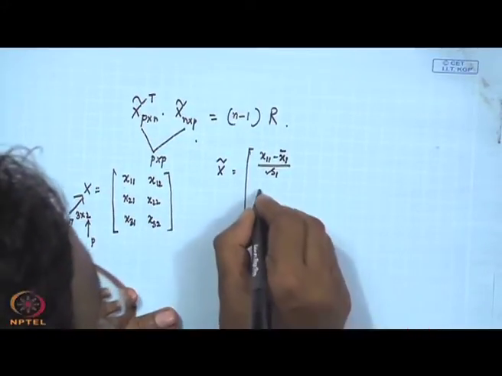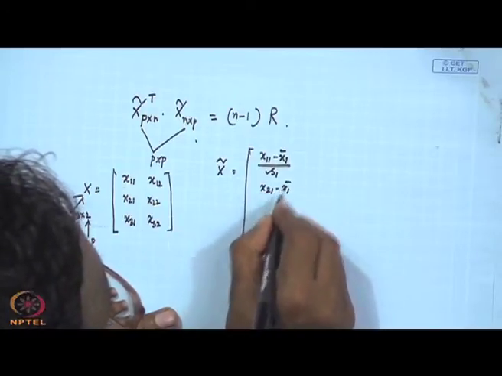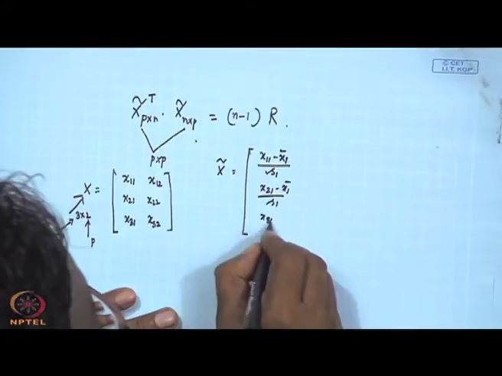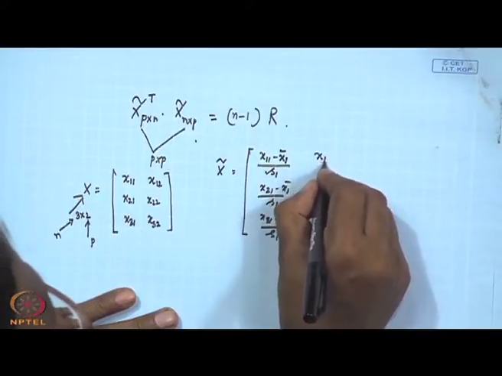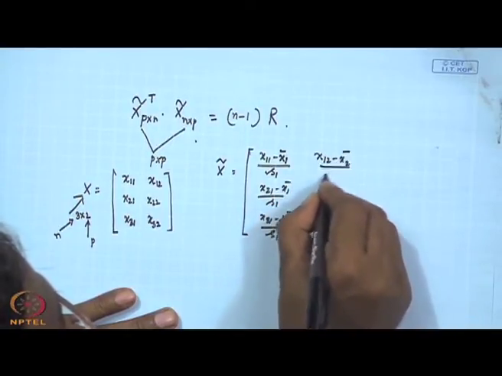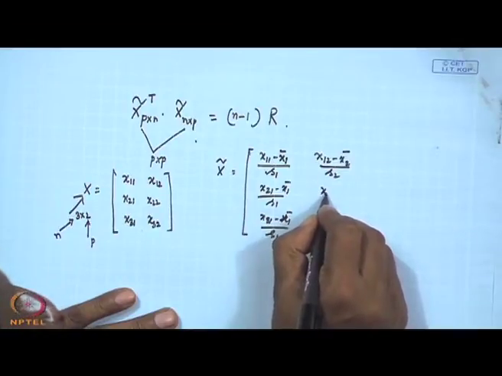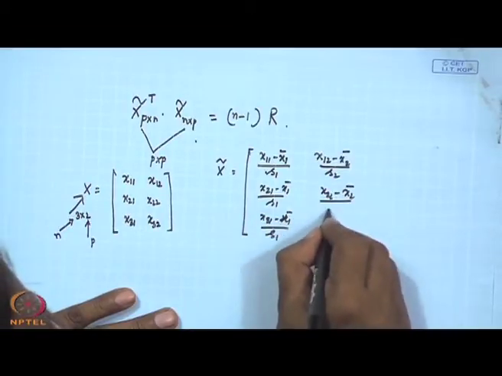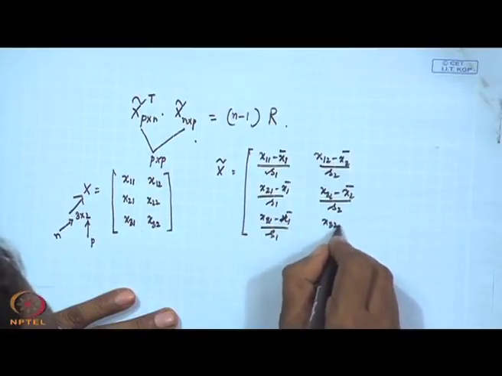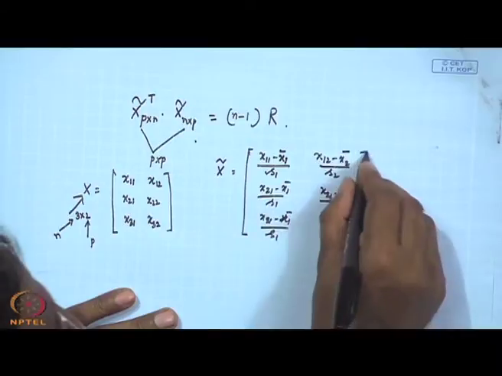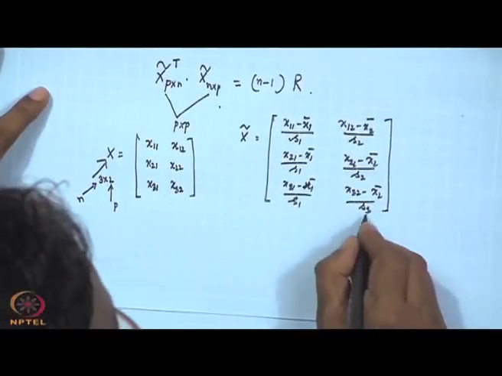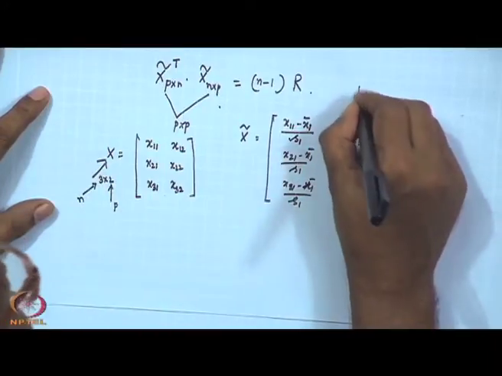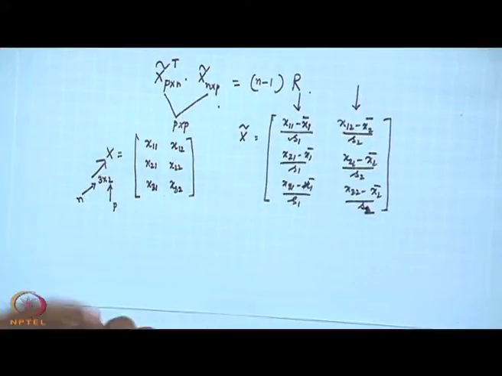Then this will be (x21 minus x1 bar) by s1 and (x31 minus x1 bar) by s1, and this will be (x12 minus x2 bar) by s2, then (x22 minus x2 bar) by s2, then (x32 minus x2 bar) by s2. Keep in mind the variable and accordingly write down this one, s2.